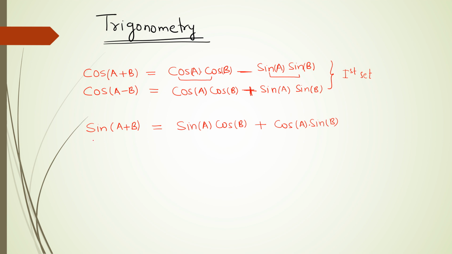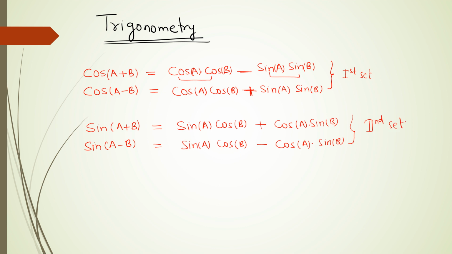Now another one, sin of A minus B, that equals sin of A cos of B minus cos of A into sin of B. This is the second set.